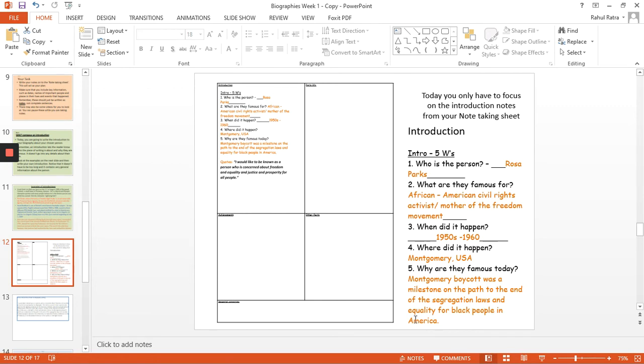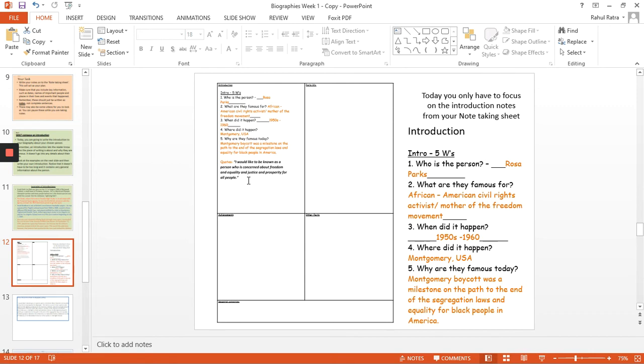I have also copied a quote from the fact sheets that were given to us. Now, what is a quote? It is something that this famous person said or believed in, basically said. And I've copied the one here that says, Rosa Parks said, I would like to be known as a person who is concerned about freedom and equality and justice and prosperity for all people.